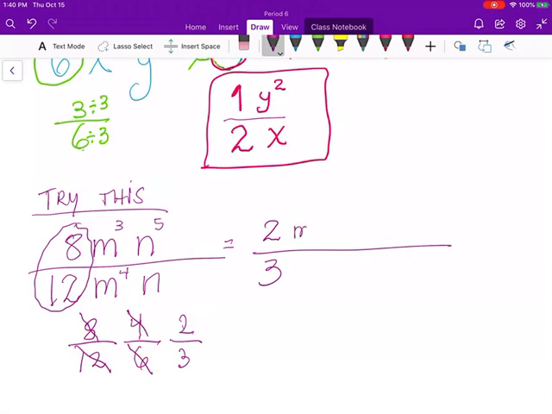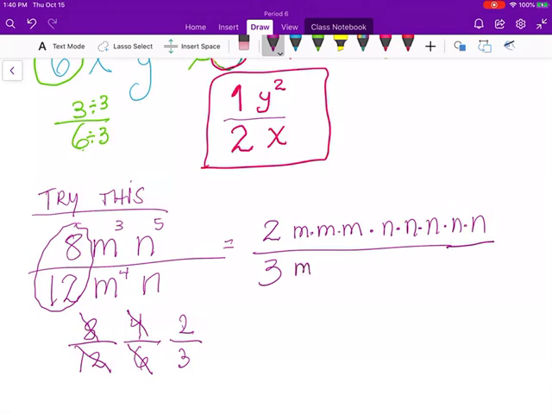I am going to expand the m's now. 1, 2, 3 m's and 5 n's on the top. Make sure you count 1, 2, 3 m's and 5 n's. 1, 2, 3, 4, and 5. Go ahead and expand the bottom.